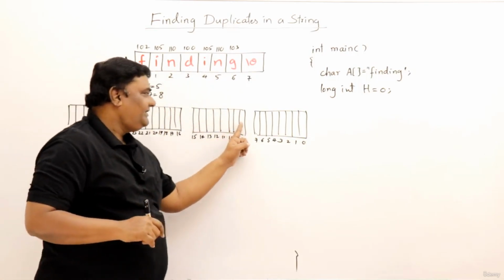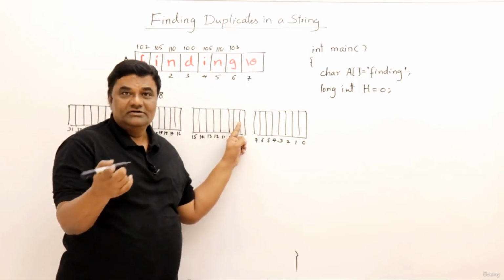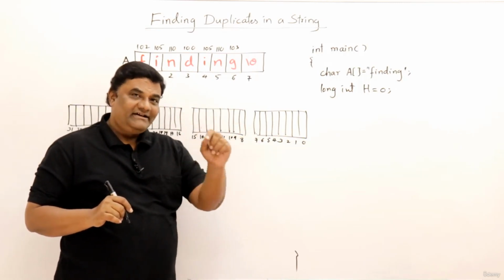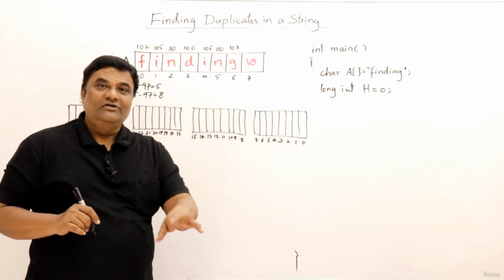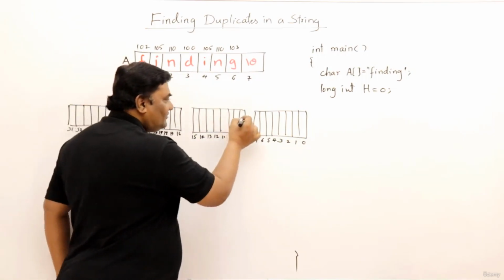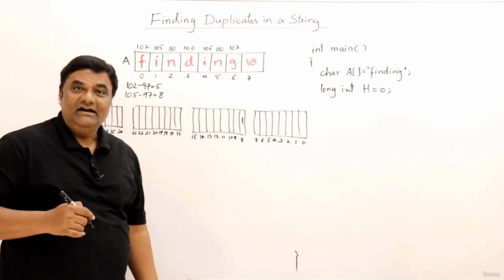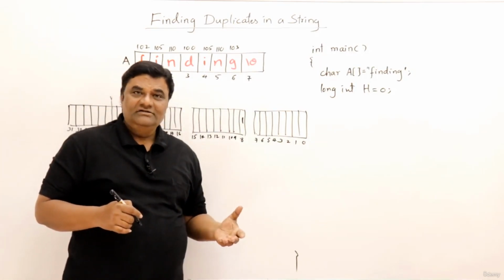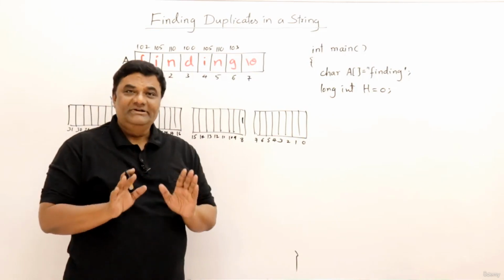So we will go and check the 8th bit. It's already on. So I is duplicated. Before setting it on, we will check whether it's already on or not. How do we check whether that bit is already on or not? By performing masking, ANDing. If it is already on, then we say it's a duplicate.